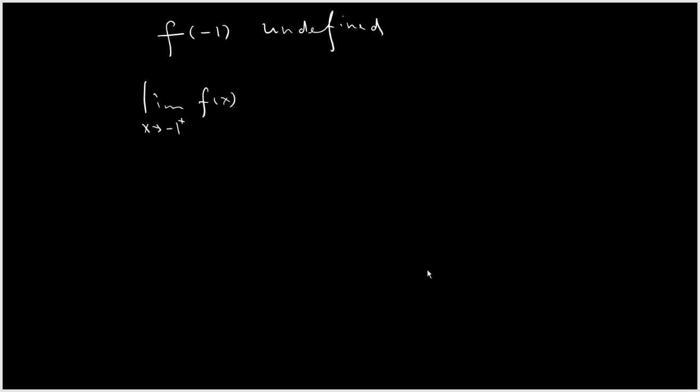Anybody want to guess how to answer the question? How do you want to tell me the limit? How do you want to tell me the limit of the function as x approaches -1 from the right? Infinity. That's something I'm looking for.